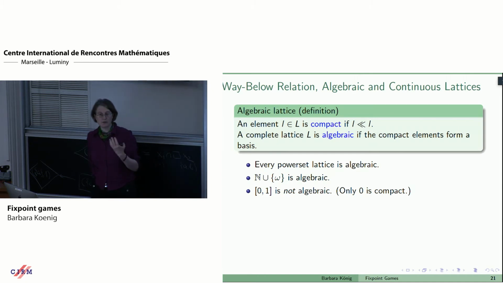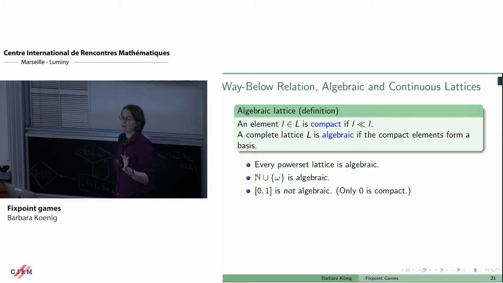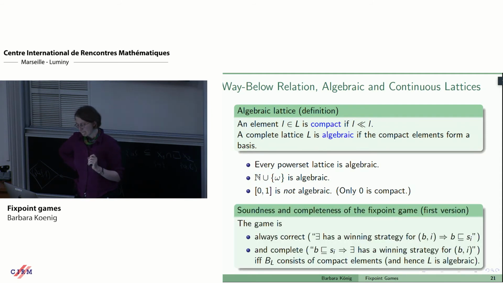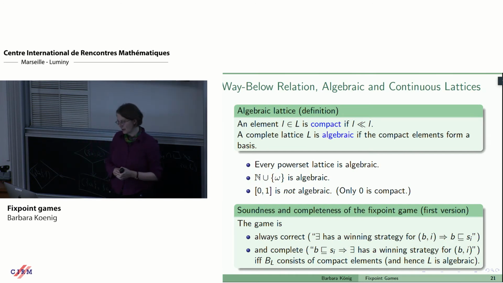So basically, if everything can be generated from compact elements. Every powerset lattice is algebraic. Also, the natural numbers with omega is algebraic. But 0, 1 is not algebraic because the 0 is the only compact element, and that is not enough to generate everything.